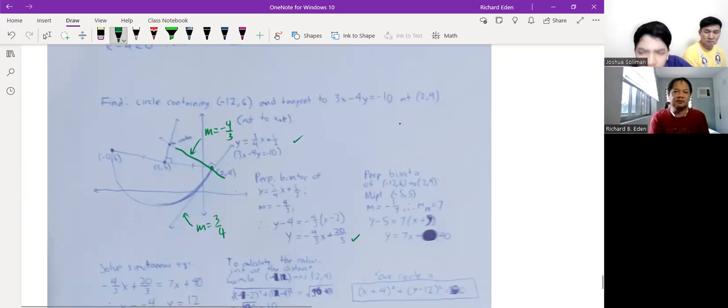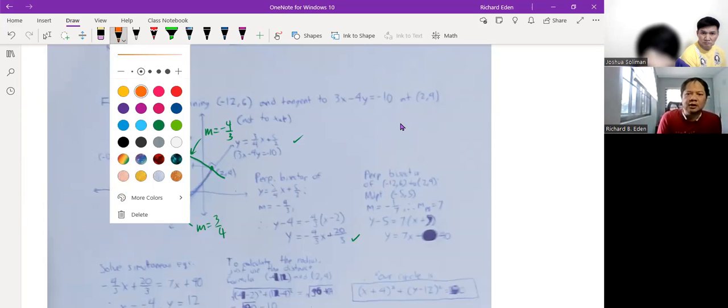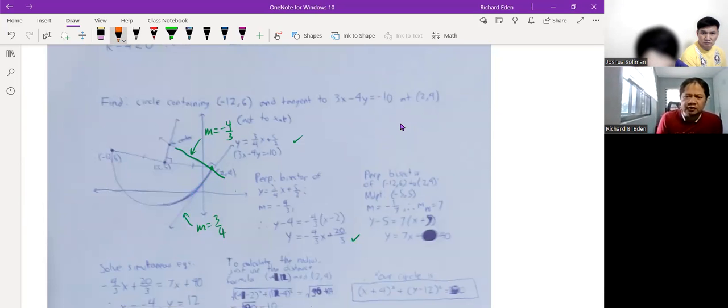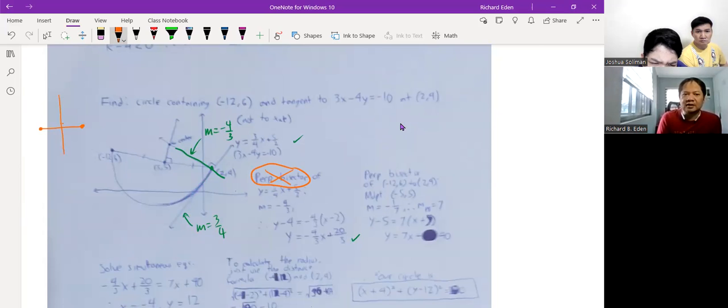However, I take issue with your usage of the term perpendicular bisector. I know what you're doing, but between 2 points, their perpendicular bisector is the line cutting through like that.